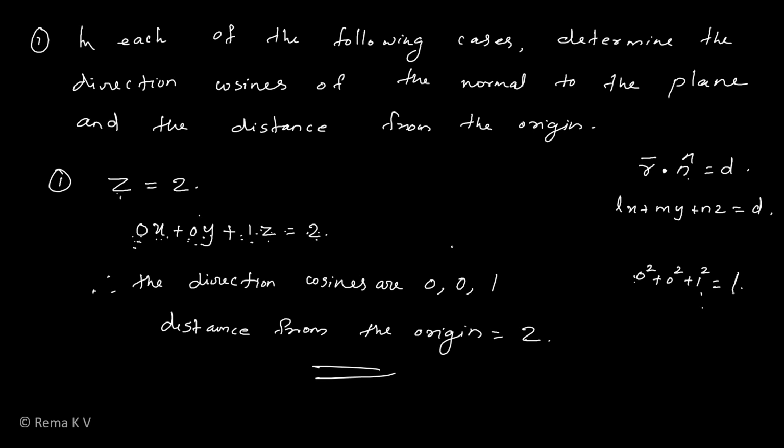Okay, then let us move to the next one. x plus y plus z is equal to 1. Again, this is given in Cartesian form. Consider the coefficients of x, y and z and take the square of these.